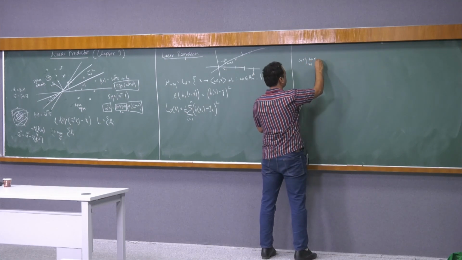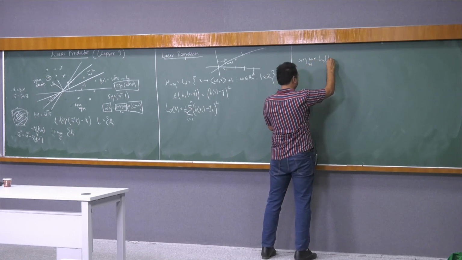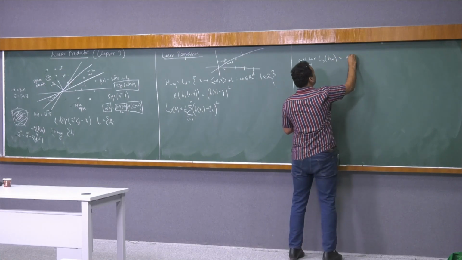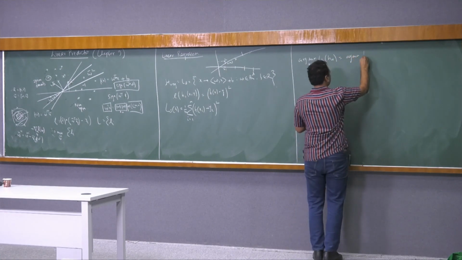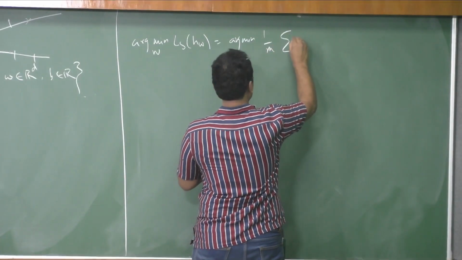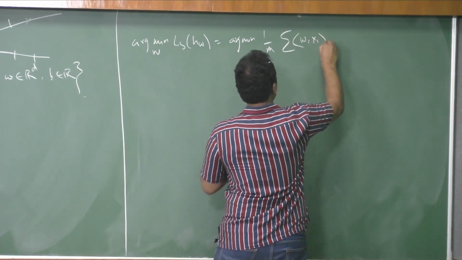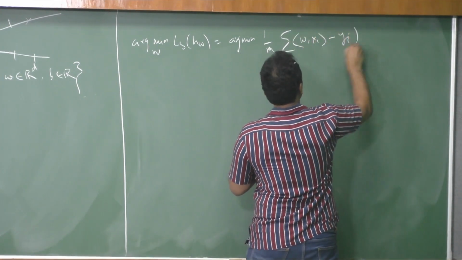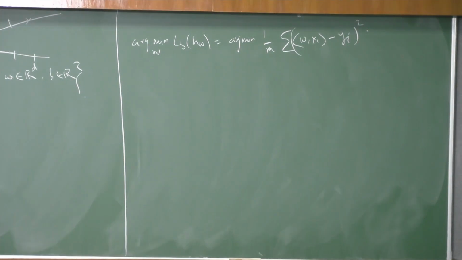We are supposed to minimize this L_S(h_w), which is arg min of 1 by m sum of (w xi minus yi) whole squared. This is when our h is of the form w transpose x, so essentially we are trying to minimize w transpose xi minus yi.